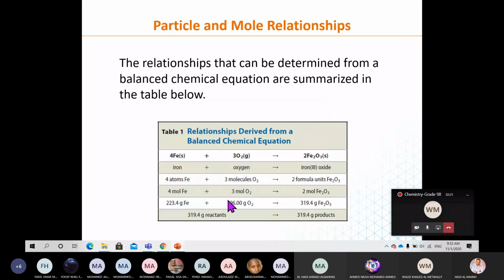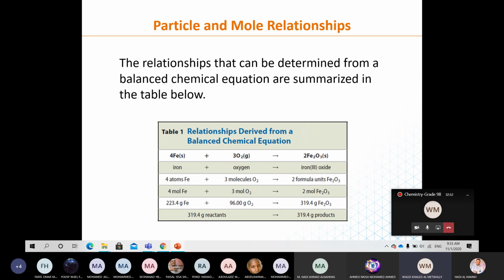Okay, Walid. So depending on this, what can you conclude? Here we have 319.4 grams, and here we have 319.4 grams. So they are what?